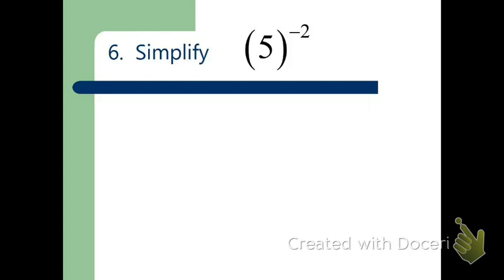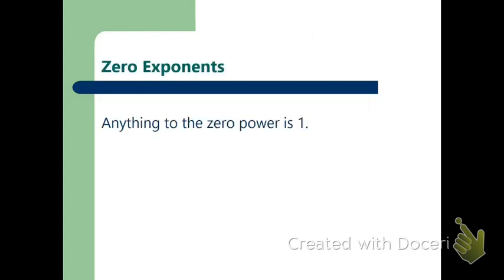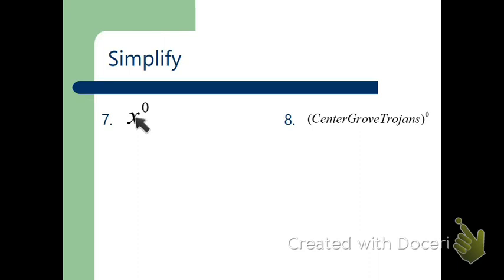Okay, keep it going. So next thing, 0 exponents. Anything to the 0 power is 1. Okay, ready? Y'all got that down? So what is x raised to 0 power? 1. So the answer is 1. Okay?